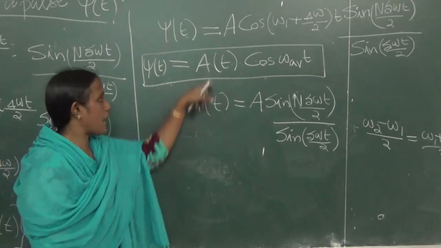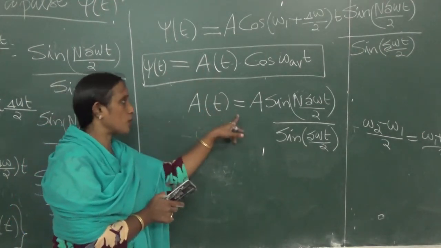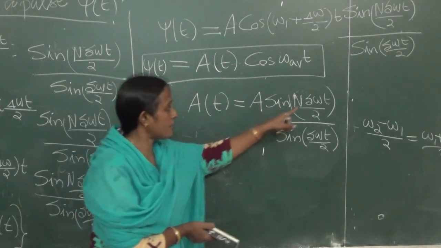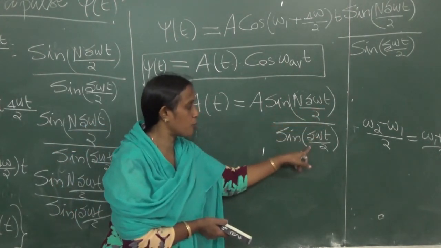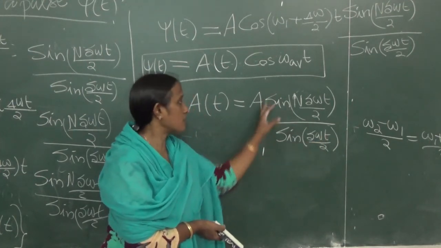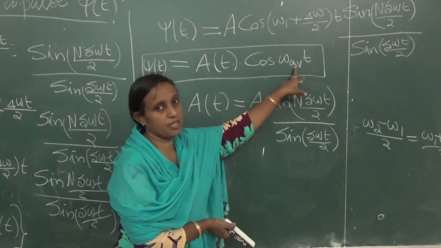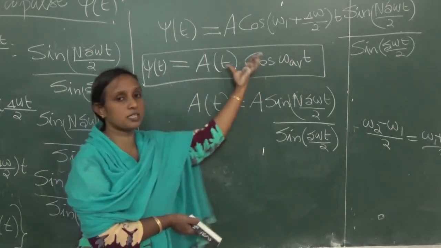This is the amplitude of the oscillation, A(t) equal to A sin(n delta omega t by 2) by sin(delta omega t by 2), with oscillation frequency the average omega_AB. This is the superimposed state.